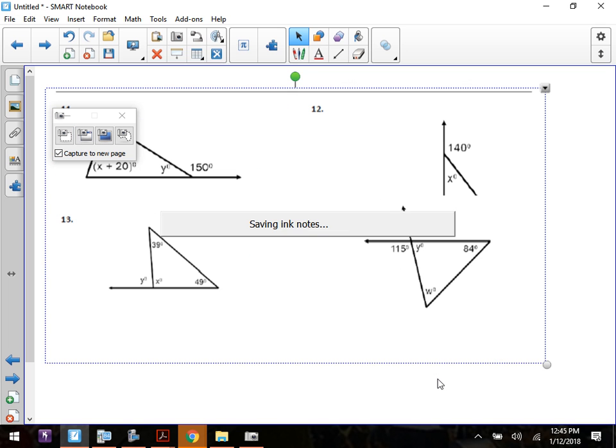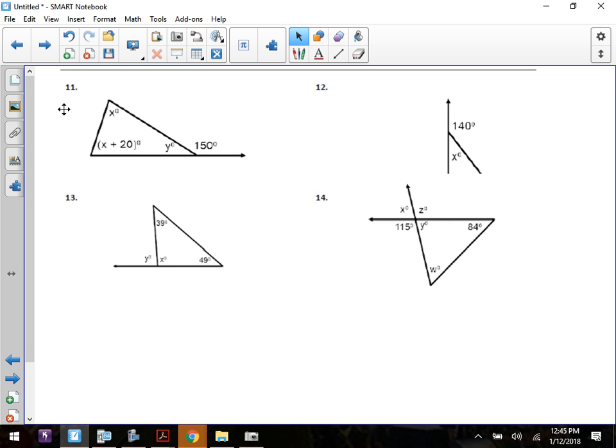Working through solving for x's and y's within triangles. Also, you've got some angle stuff to worry about. In number 11, this is one style that we have done over and over again, where you've got an exterior angle. An exterior angle is always equal to the sum of the two angles it does not touch.